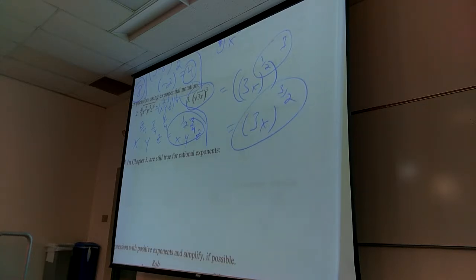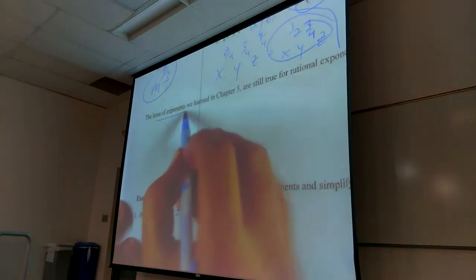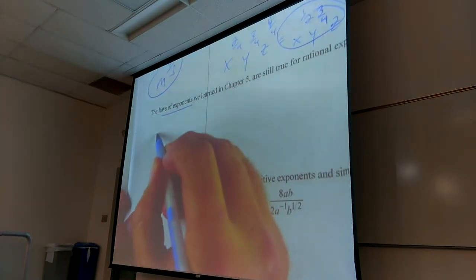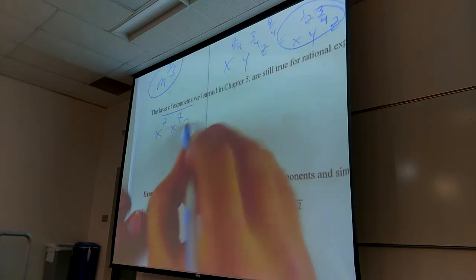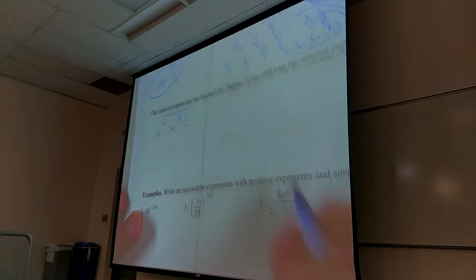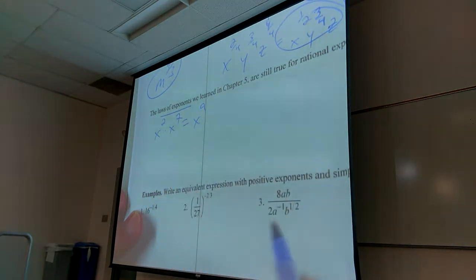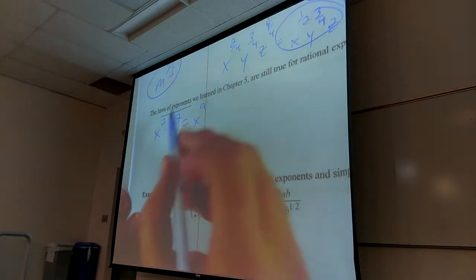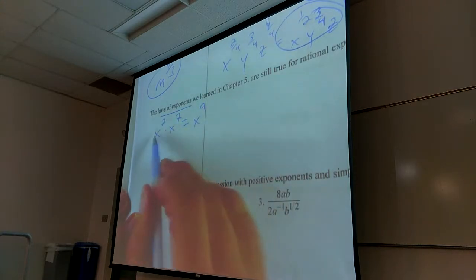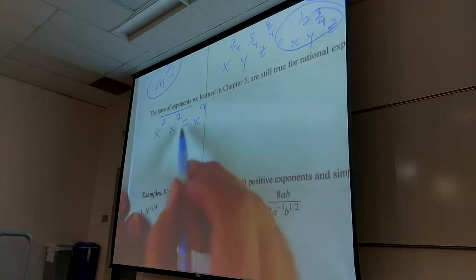Okay, that's not that bad. Laws of exponents. Very quickly, what do I do here? X to the 9th. Why not 14? Because, I think I've said this before, there is no 2 anywhere in this. There's no 7 anywhere in here.